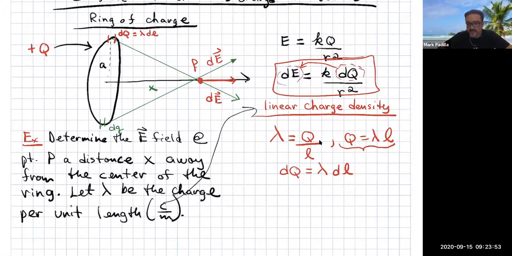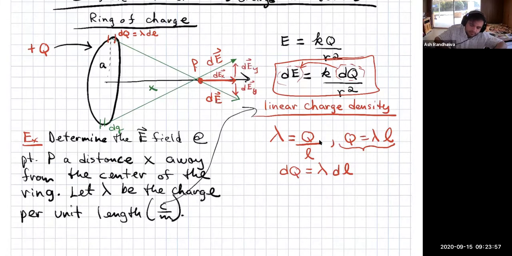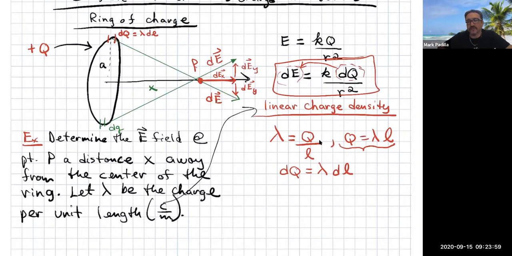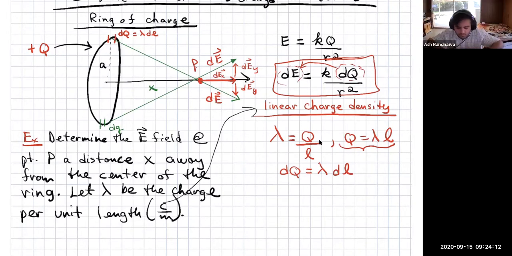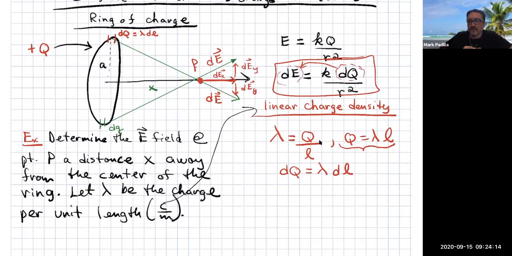So what cancels? The y components cancel. So if you were to bring a charge close to this ring along its line of symmetry down its middle, the E field due to this ring is only going to act in the x direction. Does that make sense?